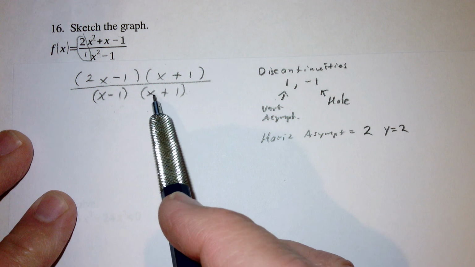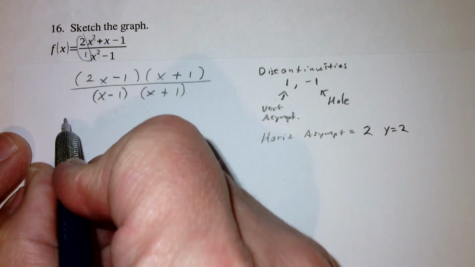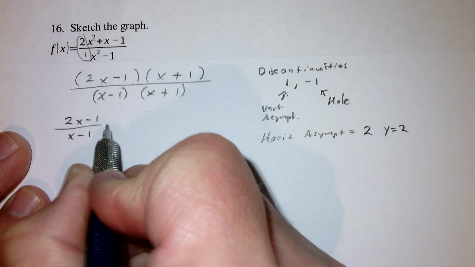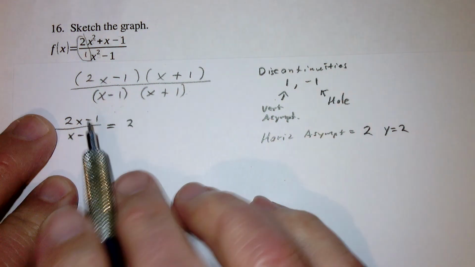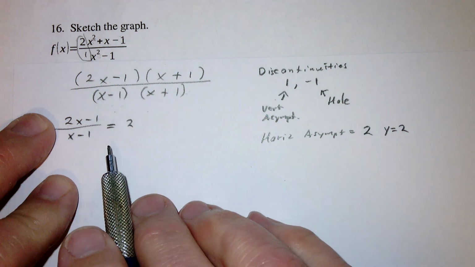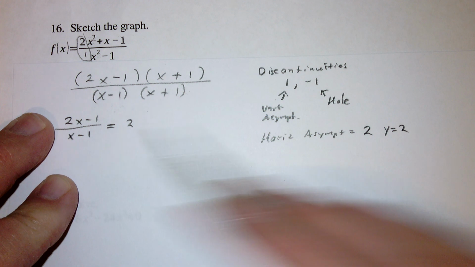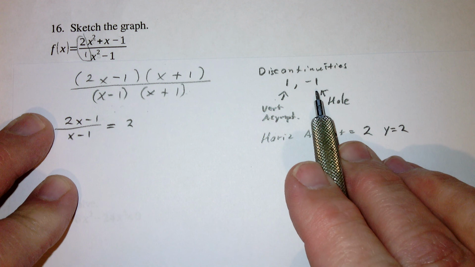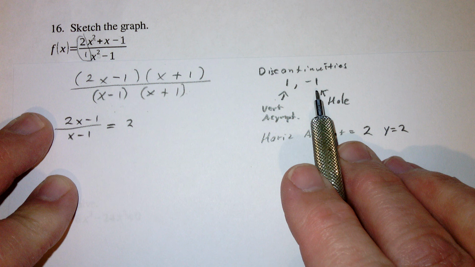Go ahead and take the x plus 1 over x plus 1 out. And if there's some way to make this equal 2, as long as the answer we get is not -1. Okay, if the answer we get is -1, then we don't cross.